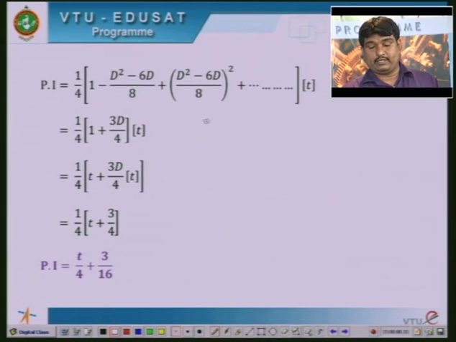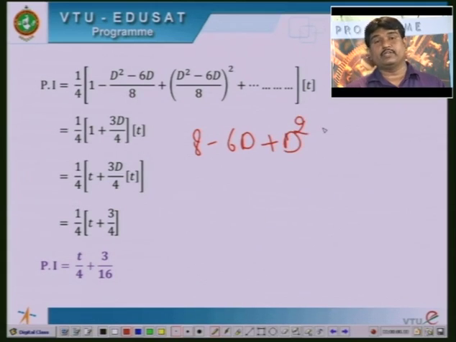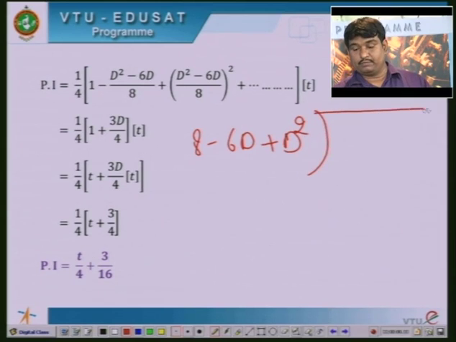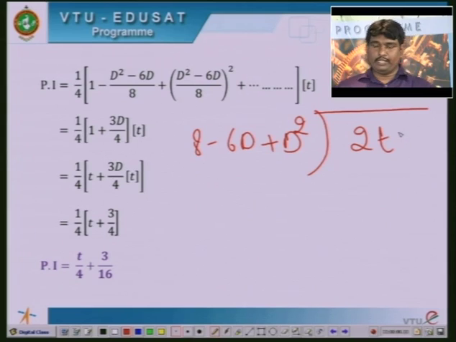I'll write that in increasing order. 8 minus 6d plus d square, increasing order, and phi of t was 2t. 8 minus 6d plus d square, 2t.